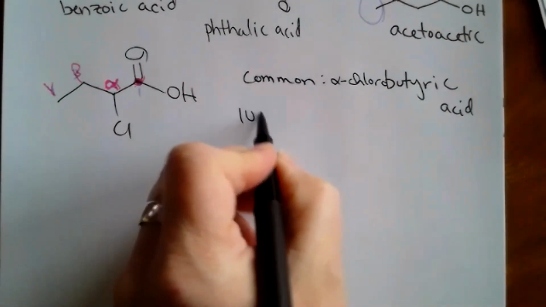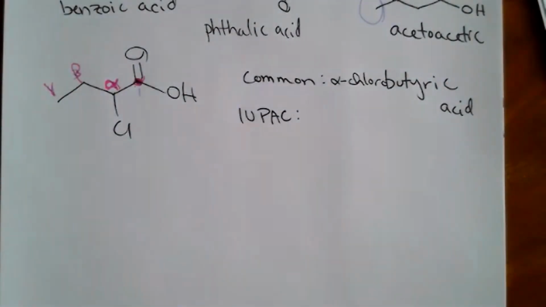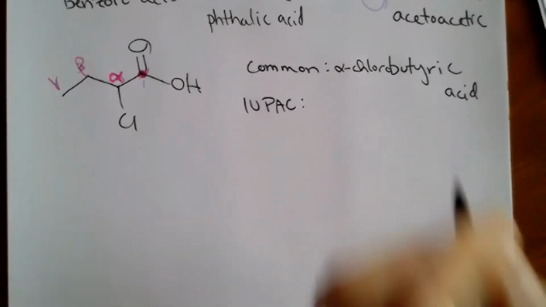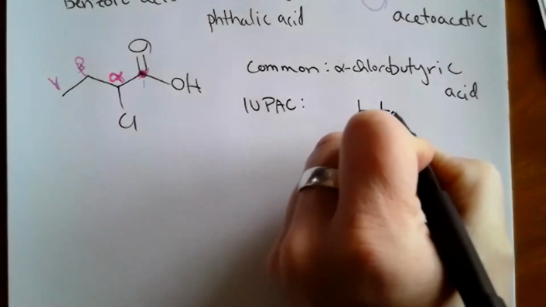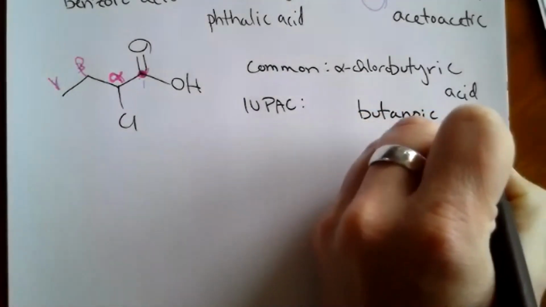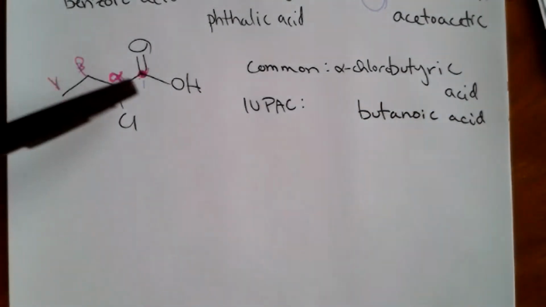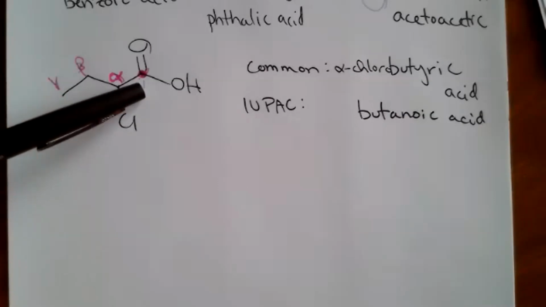The IUPAC name, similar. It's a 4-carbon carboxylic acid, so it's butanoic acid. And the good news about IUPAC is you do get to use numbers, and carbon number 1 is the carboxylic acid carbon.